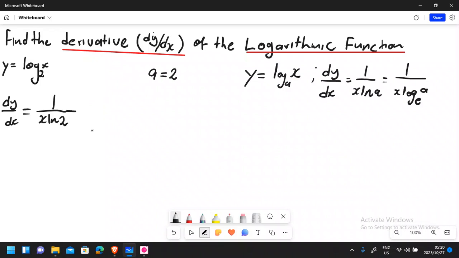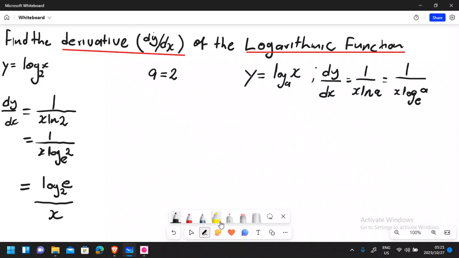All right, so from there you can continue and say 1 over x log e, but a is going to be 2. Now some of you can also continue and write it like this: log base 2 of e over x.